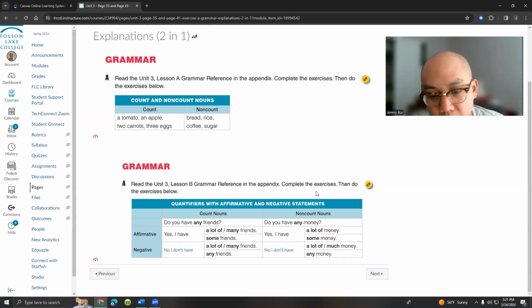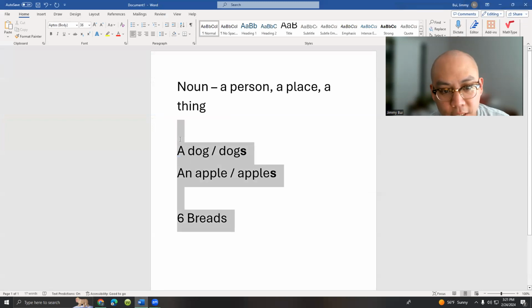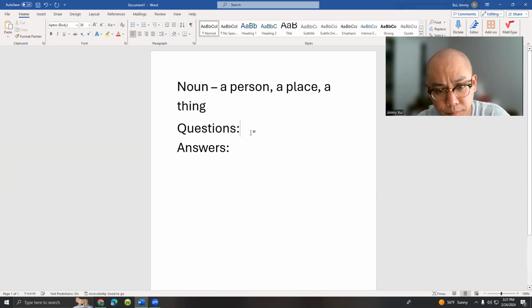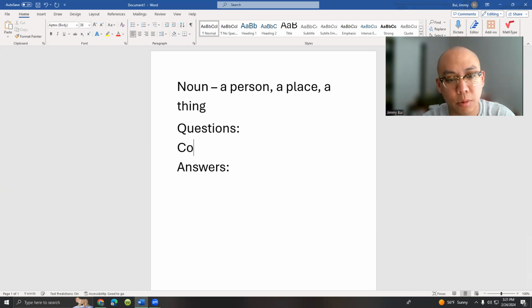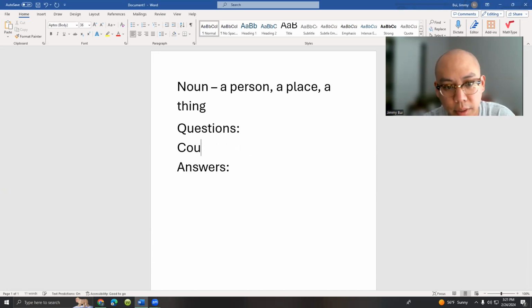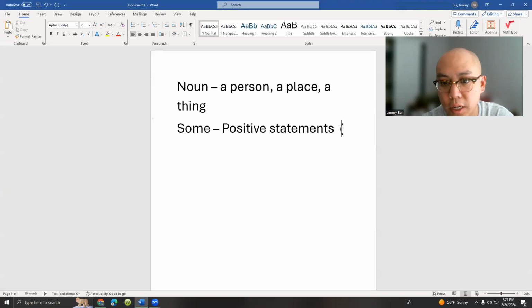So to expand on this, when we have questions and answers, okay? To try and make this as simple as possible, with count nouns, we use words. In questions, we use any. Or let's do it this way. Some is used for positive statements, regardless of count or non-count.